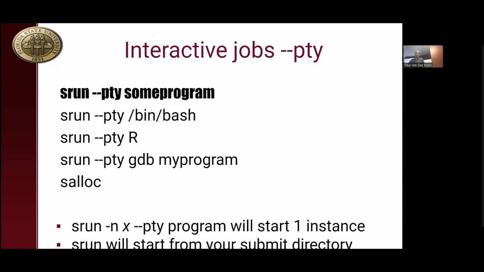If you don't, it will print the 10 nodes that you started the job on. That makes sense, because you can only have one input. If you type on your command line, it can only go to one node instead of 10. So that's why --pty only starts one task.